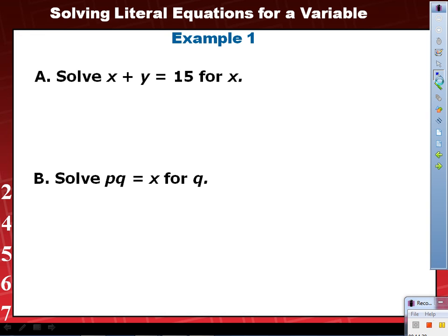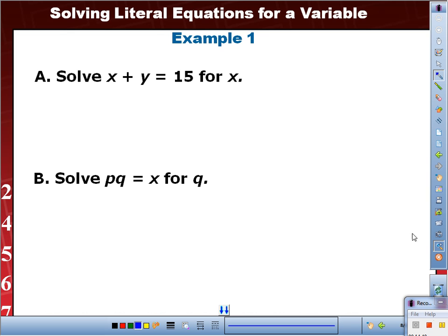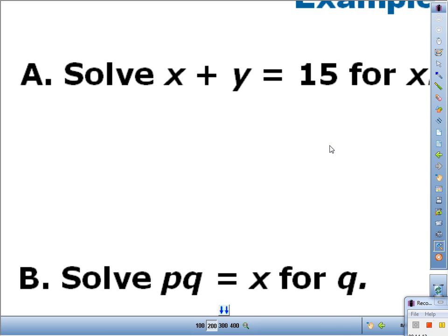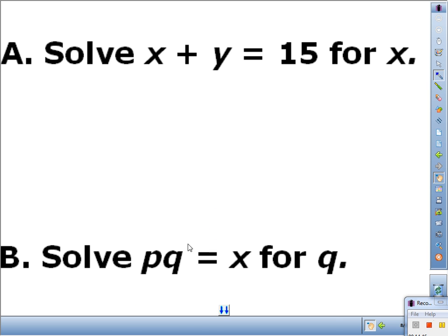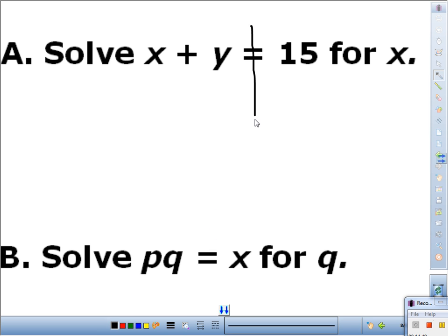All right, here we go. Let's do this one together. Example 1A. I'm going to zoom in. Here it goes. Line down the equal sign. And it says to solve for what? X. So that means we're going to leave x by itself. What's next to x? Plus y. So how do we get rid of y?